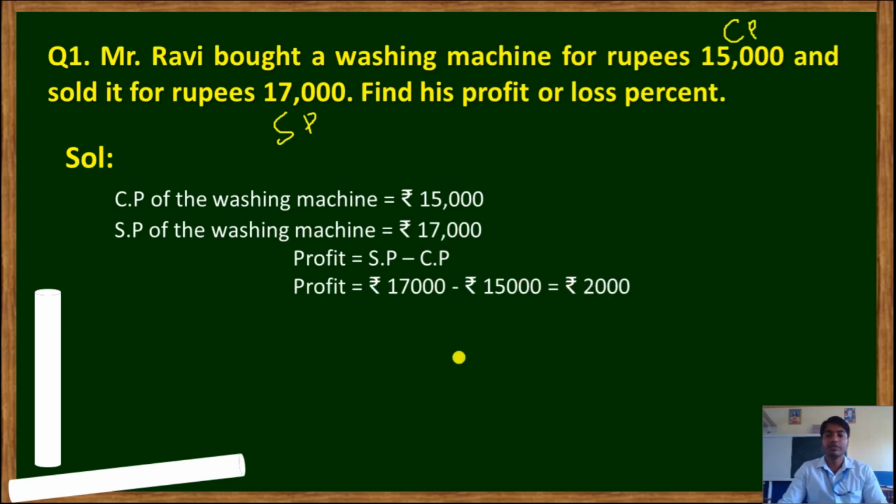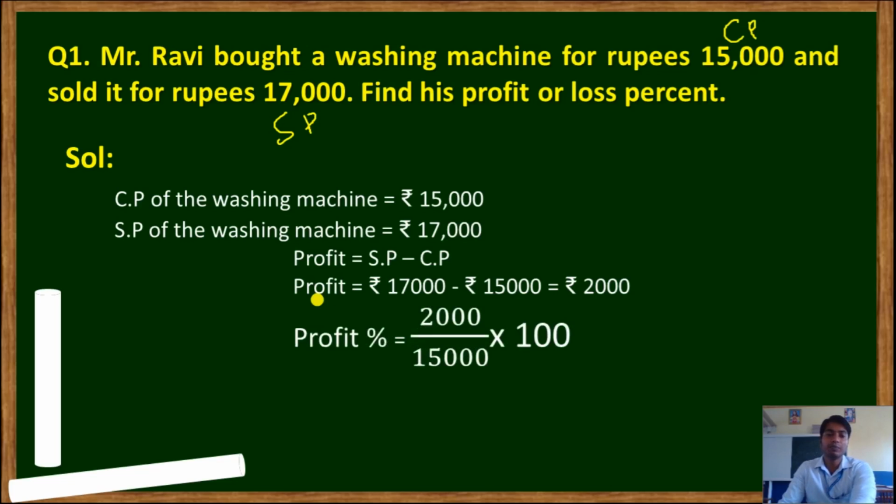That is the profit. Understood? Now we have to find out profit percent. Profit percent equals profit by CP into 100. So profit is 2000, CP is 15,000, into 100. When we reduce the terms, 20 cancels by this 20, 10 cancels by this 0.